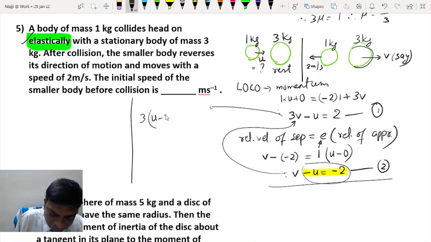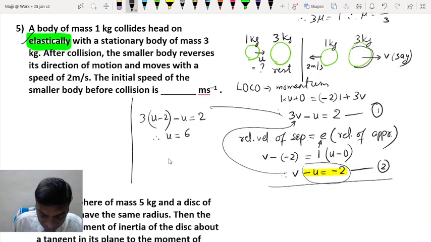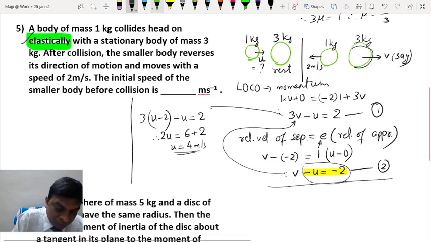So 3 times u minus 2 minus u is equal to 2. So 3u minus 6 minus u is equal to 2, 2u is equal to 6 plus 2, 3u minus u is 2u, and minus 6 goes that side. So u is equal to 4 meters per second. So 4 is the correct answer.